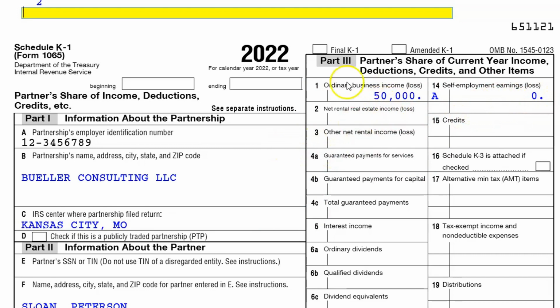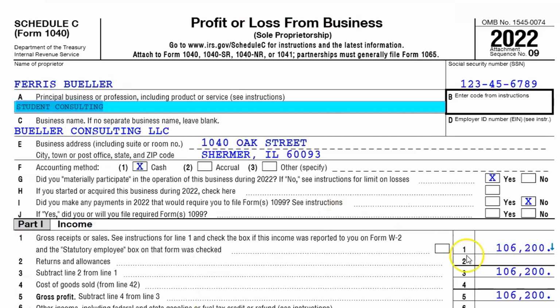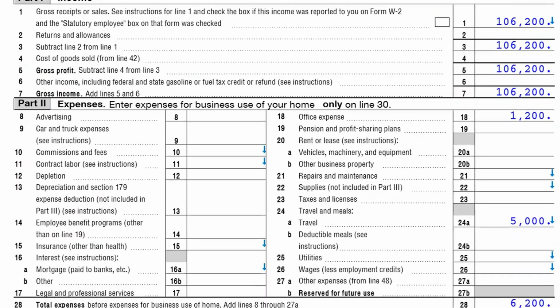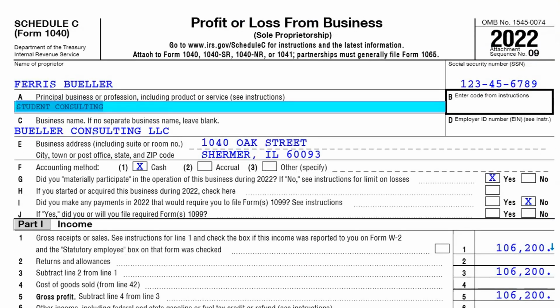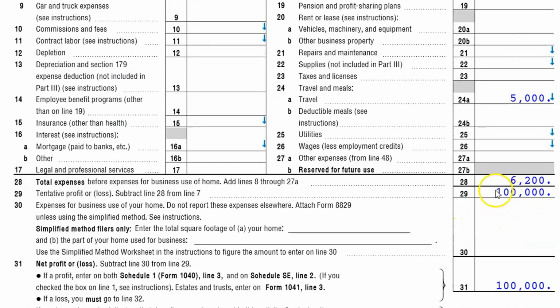Now, if you add up the ordinary income here, 50,000 plus Ferris's 50,000, that's the same as we saw earlier, the net income of the business, the 100,000. Here, Ferris is reporting 100,000. This is like option 1, scenario 1, where Ferris is the only owner of this Schedule C, and all this is subject to self-employment tax.